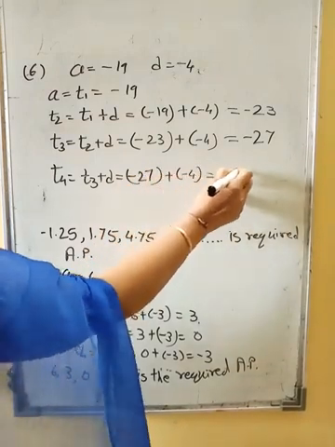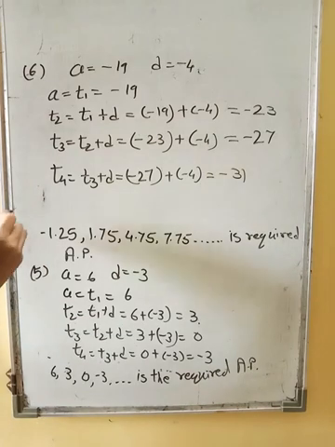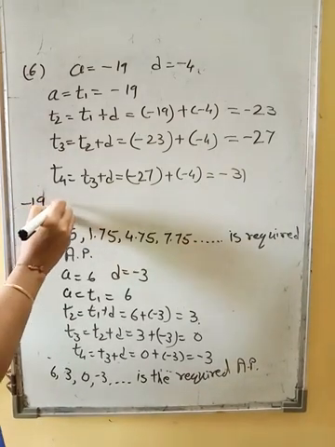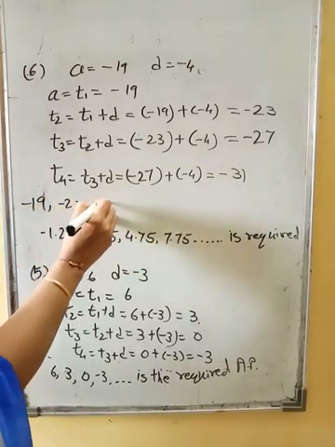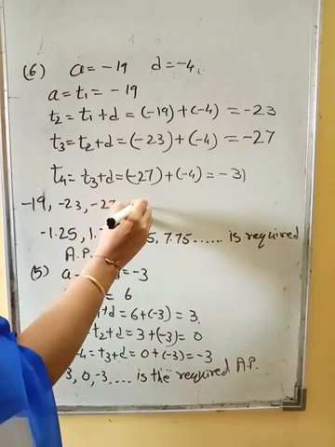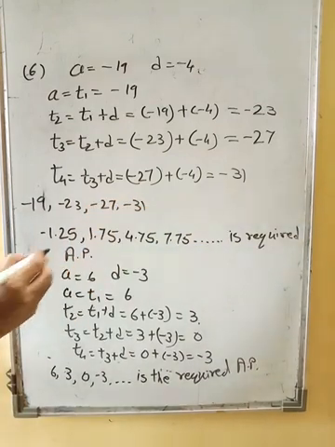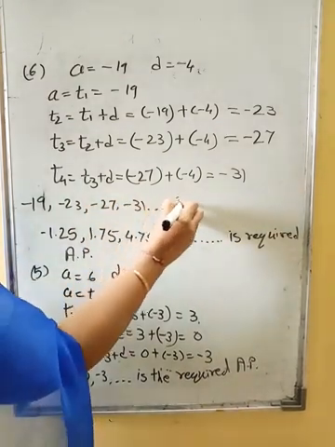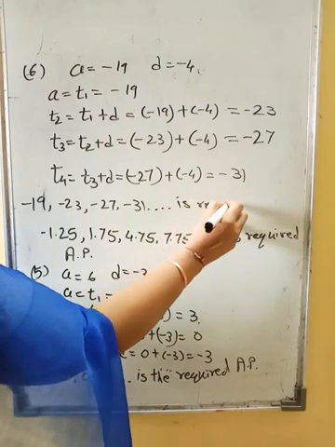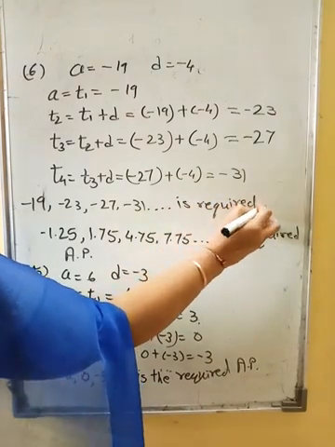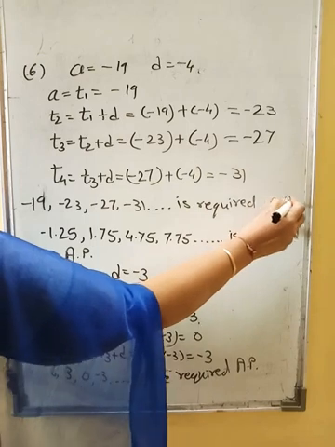So that is minus 31. So minus 19, minus 23, minus 27, minus 31, dot dot dot dot is required AP.